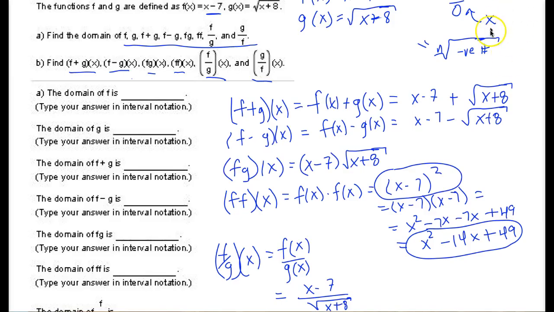Okay, sorry about that. So what I was trying to say earlier is that our second restriction is if we have some x value that we try to plug into a function that has an even nth root in it, like a square root, fourth root, sixth root, and we end up getting a negative number, then that x value or those x values can't be in the domain of our function, because we can't take the even nth root of a negative number and expect to get a real number out as an output.